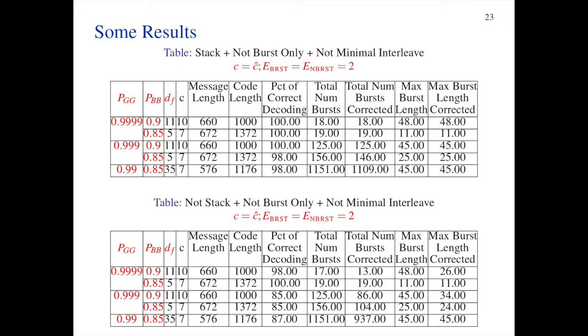And then I check to see how many times what I recover is exactly the polynomial vector that I started with. And you can see that if I stack them, I recover a lot more than when I don't. And these are varying values for the probability that I change states.